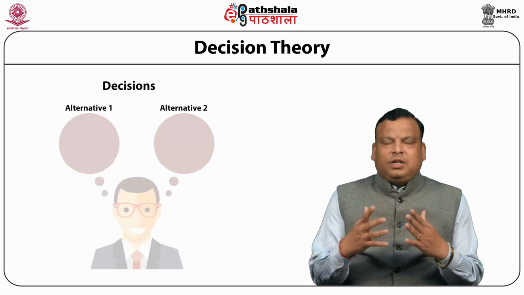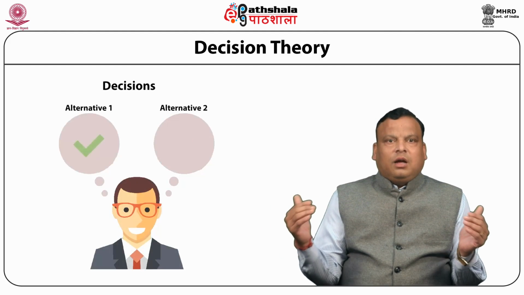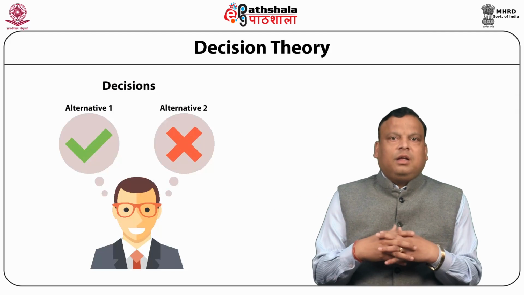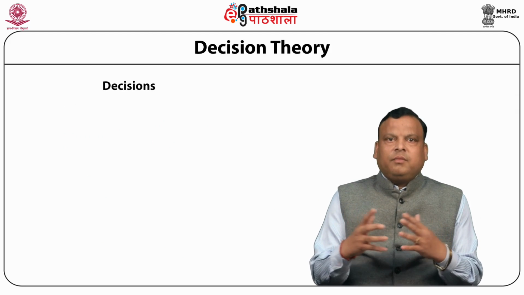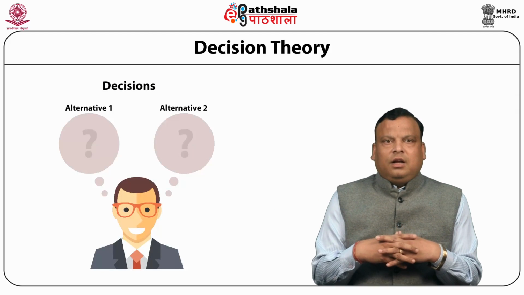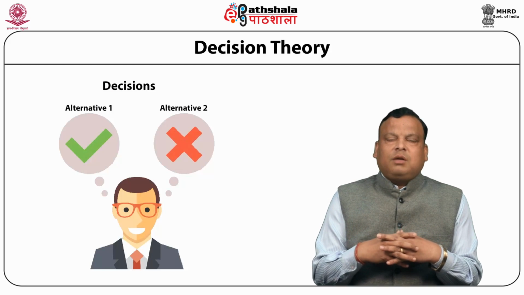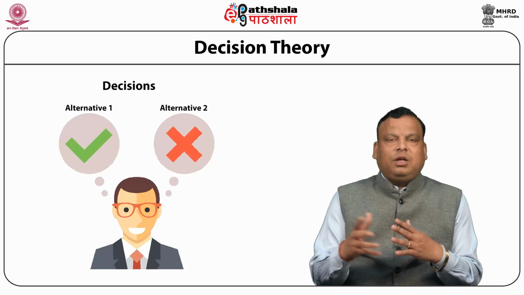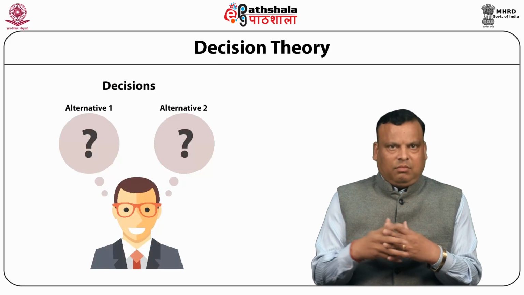Decision theory provides an orderly way of choosing among several alternative strategies when decisions are made under either certainty or uncertainty or risk. The important thing about a decision is that it is taken today and its outcomes would be visible after some time, after 1 month, 2 months, or even after a year or 2 years, or more.